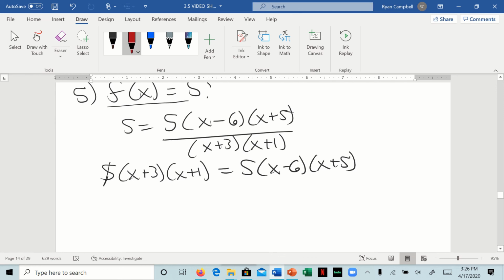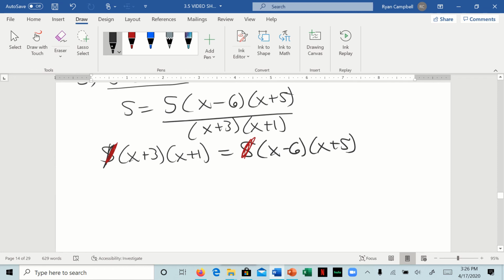So we can cross out the 5s, right? Because those are on both sides, just divide each side by 5. And unfortunately, it looks like we're going to actually have to multiply these out, right? FOIL them out. So for the left side, we get x squared plus 4x plus 3. For the other side, we get x squared minus x minus 30.